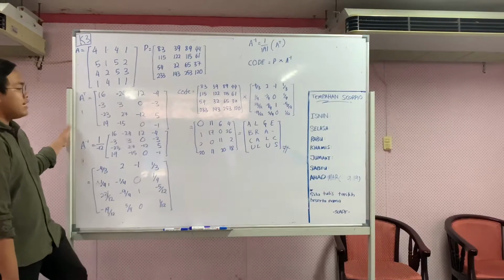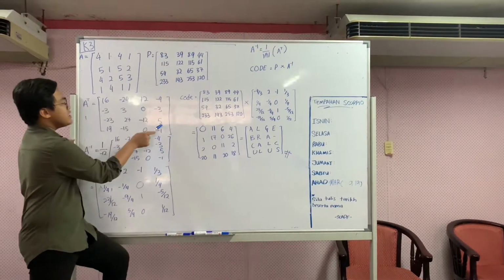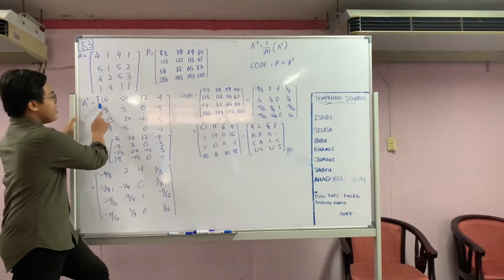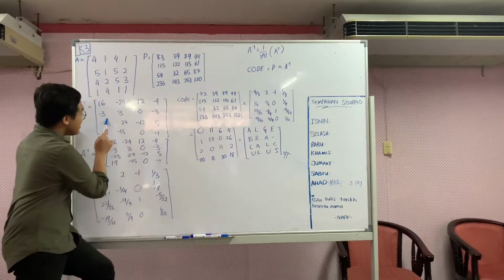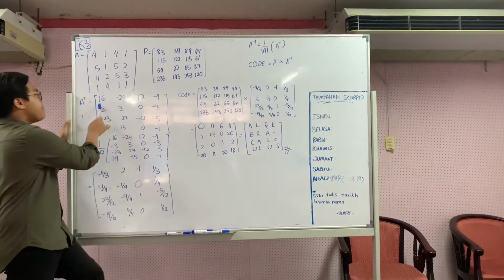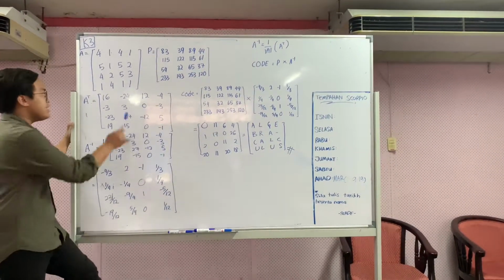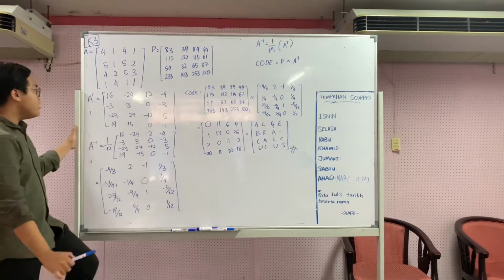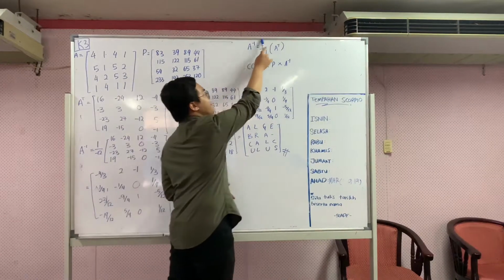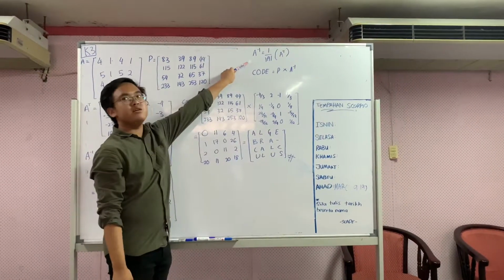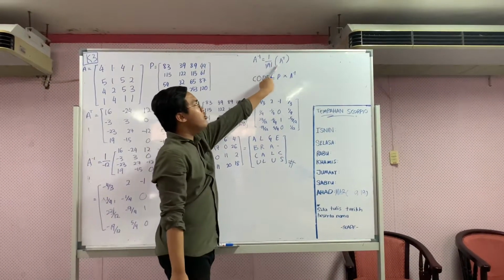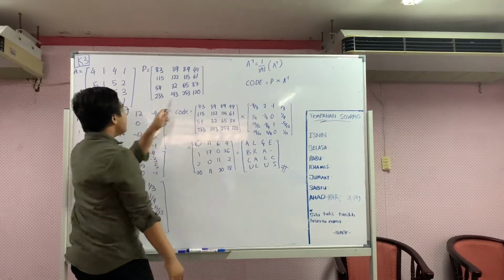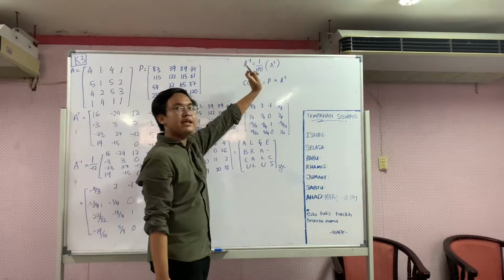Moving on to the next step, where we have already found the transpose of the adjoint matrix, which is we have already converted rows into columns, and we have already multiplied with the appropriate symbols, which is plus, minus, minus, plus, and so on. Now, for us to find the inverse of the matrix, we have to use this formula, which is 1 over determinant, we multiply with the adjoint transpose, and the determinant that we have already calculated before, which is negative 12.